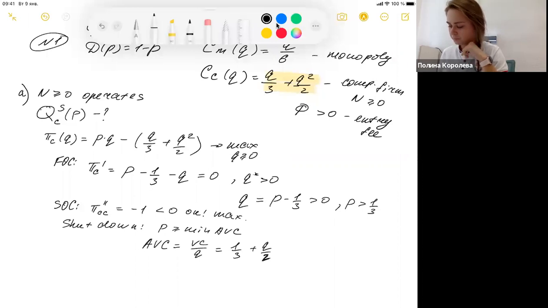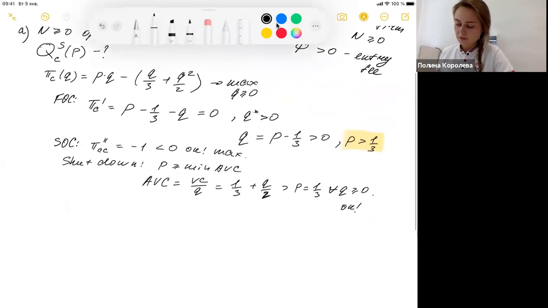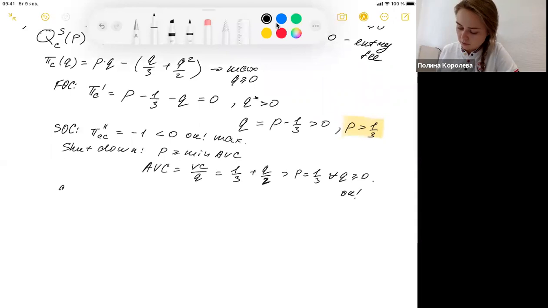You see, we work with prices bigger than 1/3, and average variable costs are bigger than 1/3 for each quantity. So, okay, we checked.